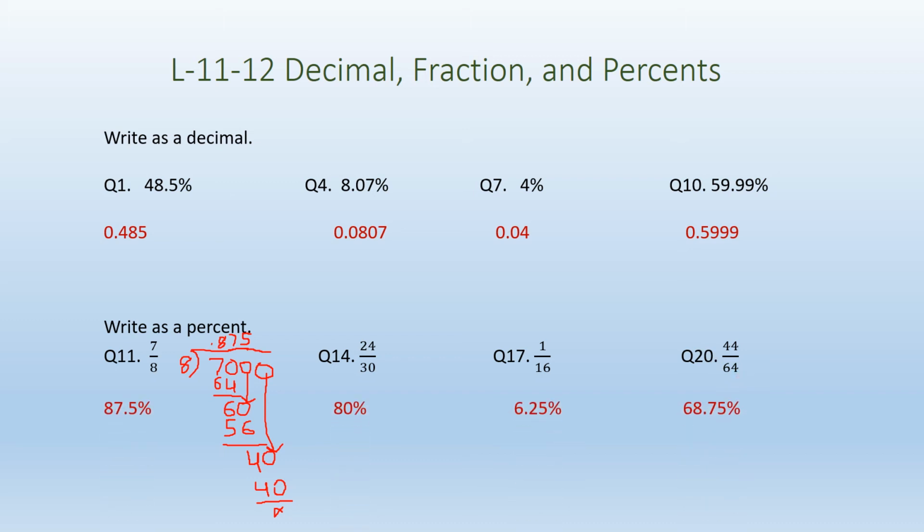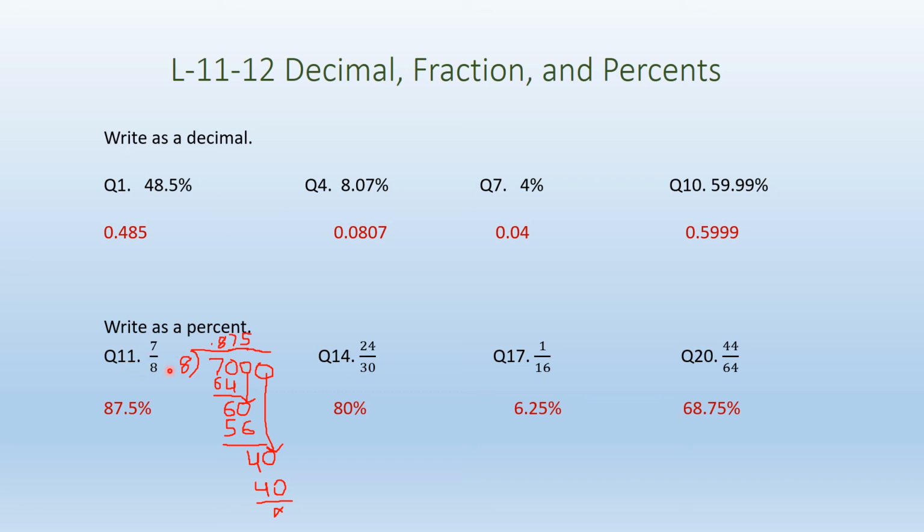What is the answer? It is 87.5%. Here is 80%. Here is 6.25% and here is 68.75%. Now I think it is clear.